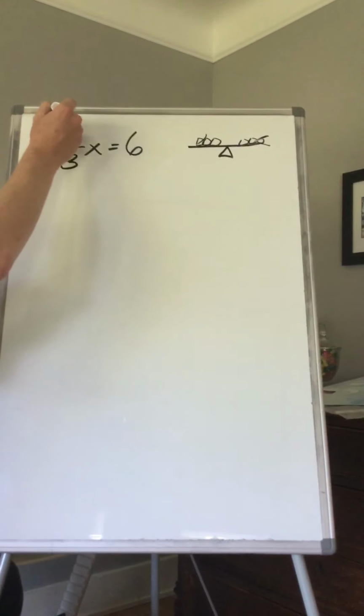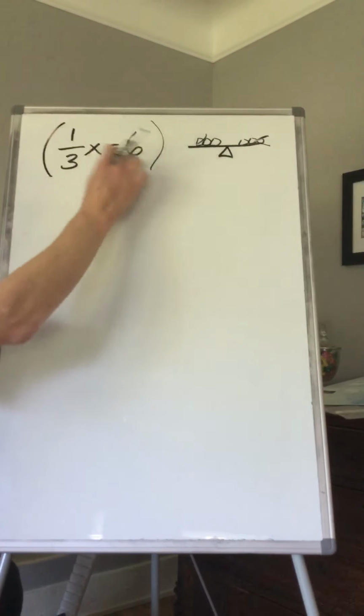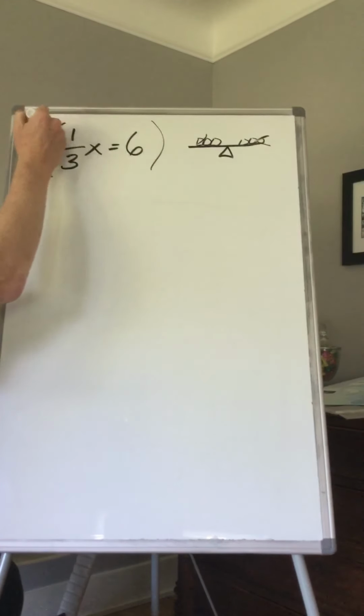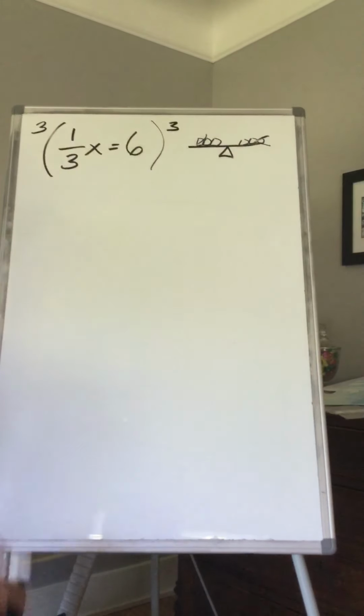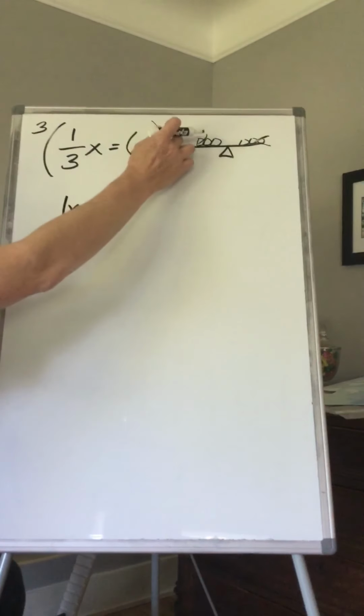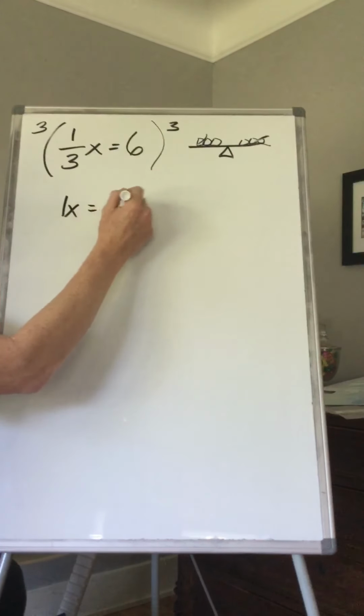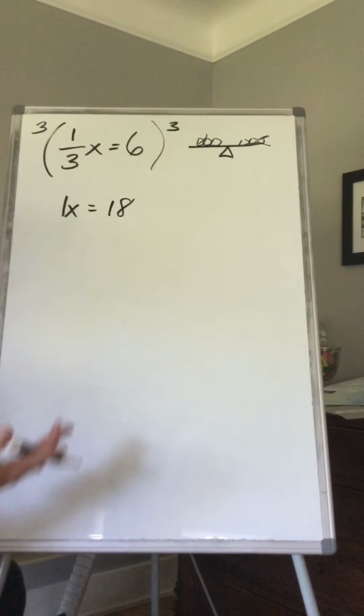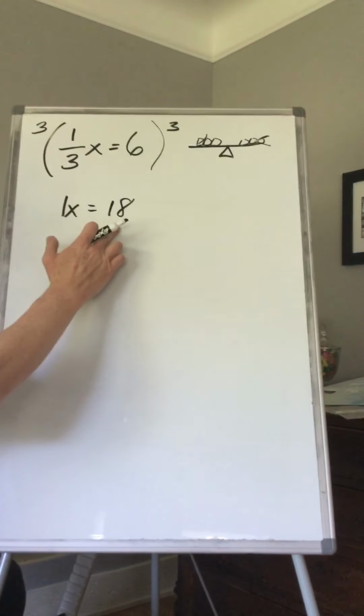So if I multiply both sides by 3, 3 times 1 is 3, divided by 3 is 1. And 3 times 6 is 18. So we're done. X equals 18.